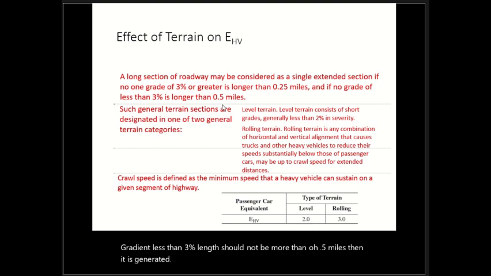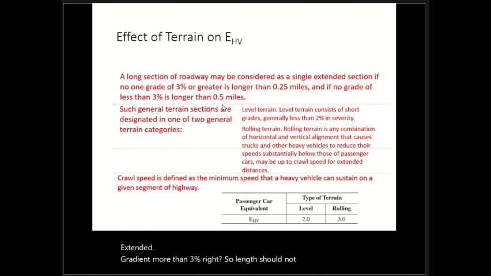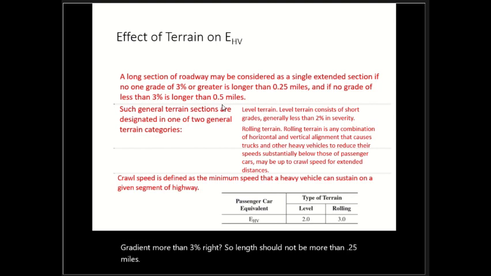So for example, I have a gradient of 4% and length of 1 mile. Is it general or extended gradient? Extended. Gradient more than 3%, right? So length should not be more than 0.25 miles. So 1 mile means it is extended gradient.